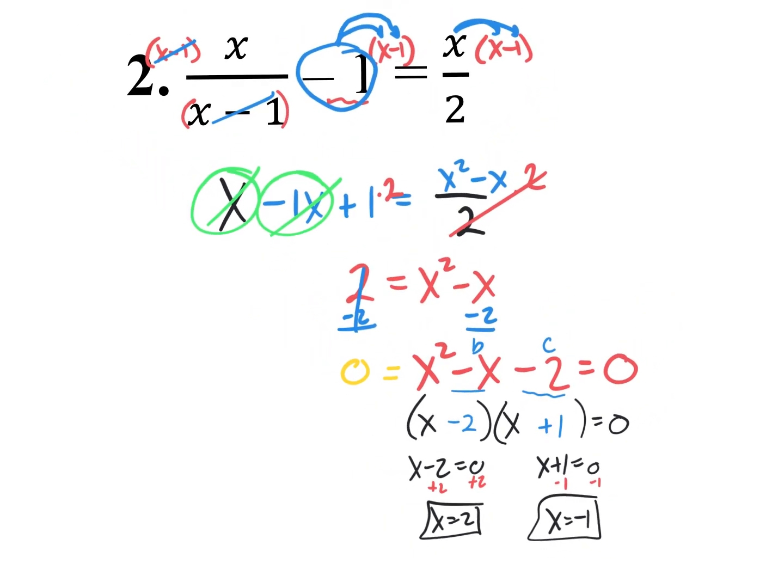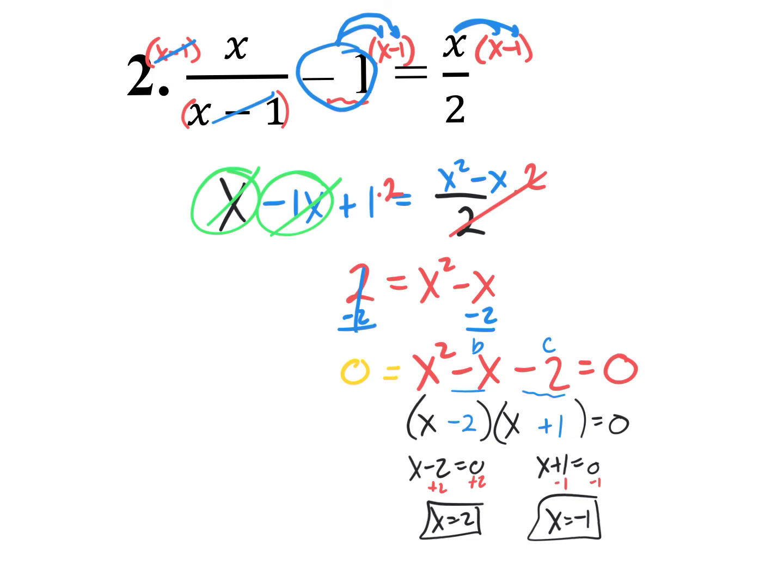Now, once again, when you get your answers, don't just select those two answers and hit enter, because you need to take a second and make sure that you don't get 0 in the denominator. So for example, if this answer would have been a positive 1, I wouldn't include it as my answer, because 1 take away 1 would be 0. That would make the whole thing undefined because you can't divide by 0. But in this case, it's a negative 1, and when you plug in a negative 1, it actually works out.